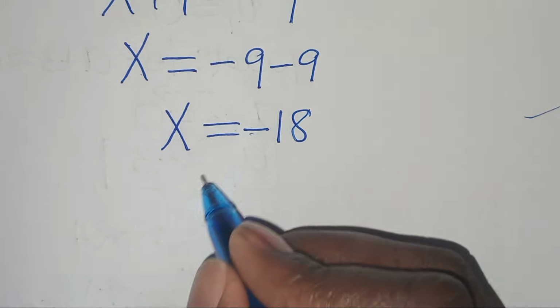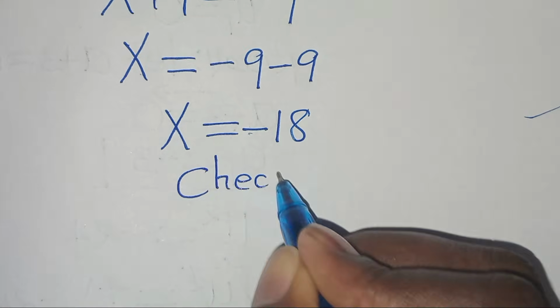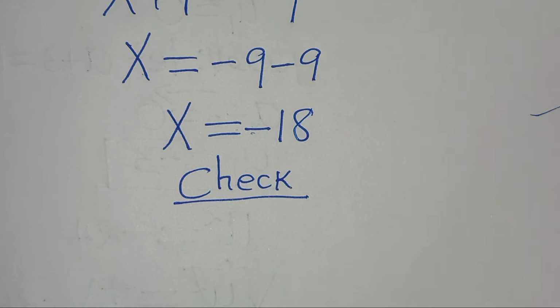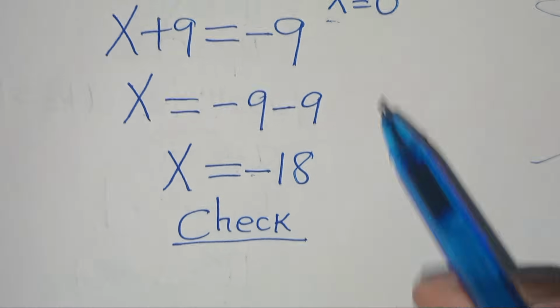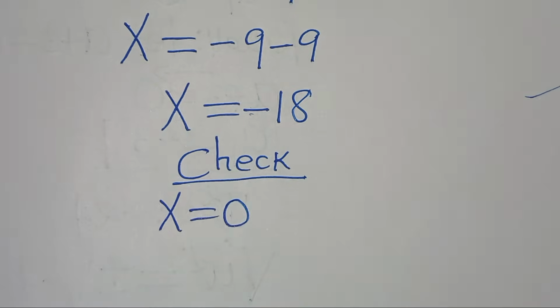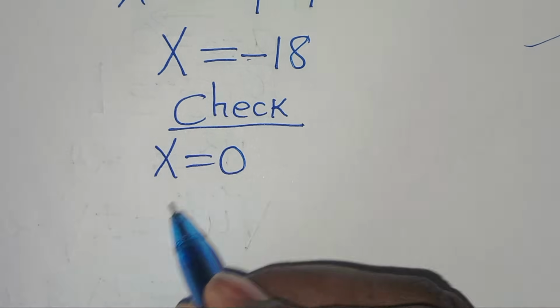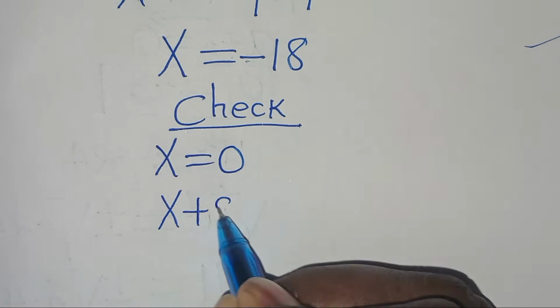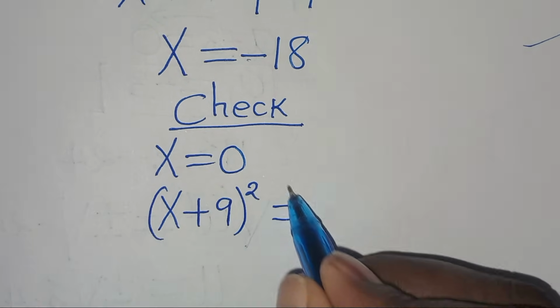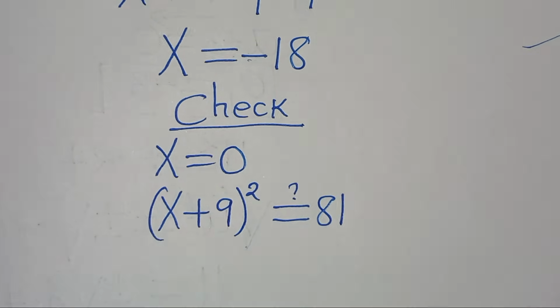Now let's check if these values of x satisfy the equation. Let's start with x equal to 0. We have (x + 9)^2, which should give us a value of 81.